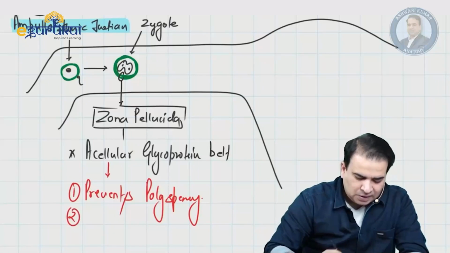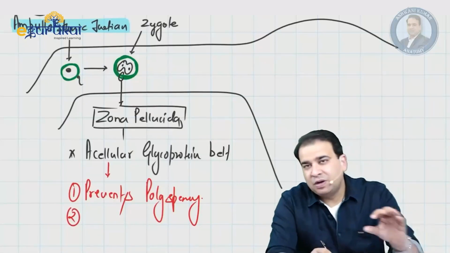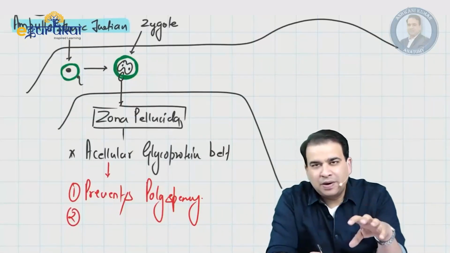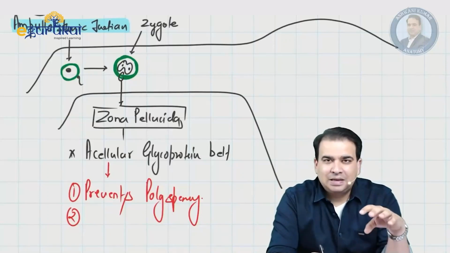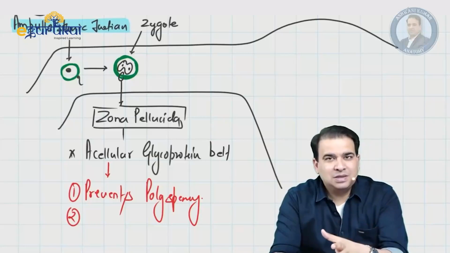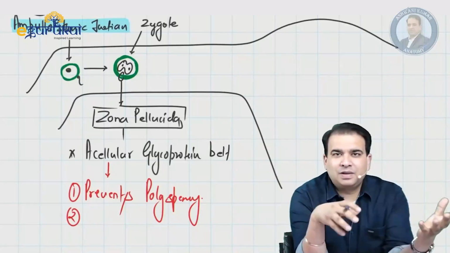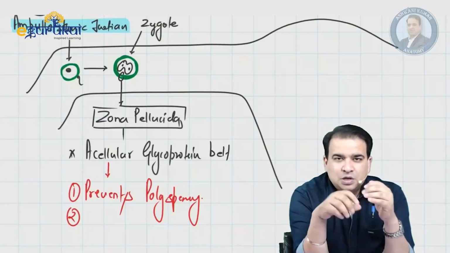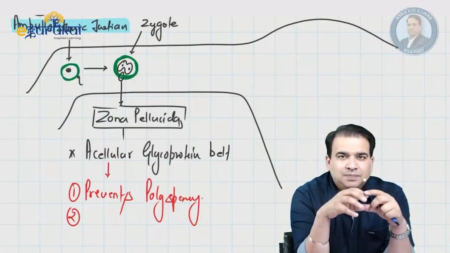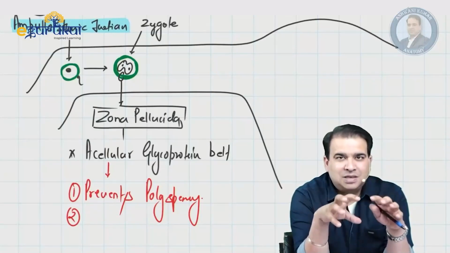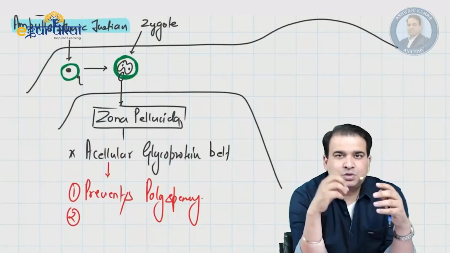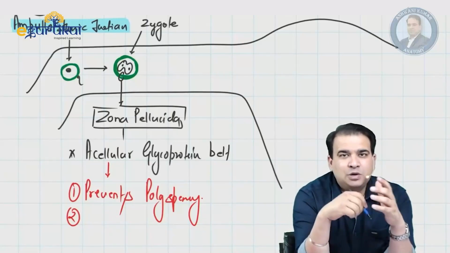And number two, when this conceptus is running through the fallopian tube, the zona pellucida is also preventing the conceptus from implanting. Implantation should take place within the uterus or close to the fundus, not in the fallopian tube, right? Otherwise, it's an ectopic pregnancy. So this zona pellucida is not allowing this sticky conceptus to implant anywhere in the fallopian tube and lead to tubal pregnancy.